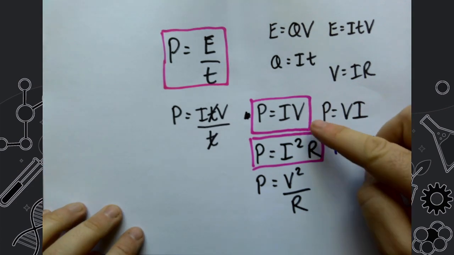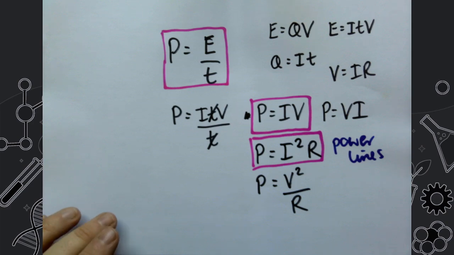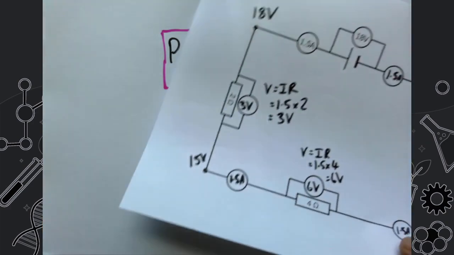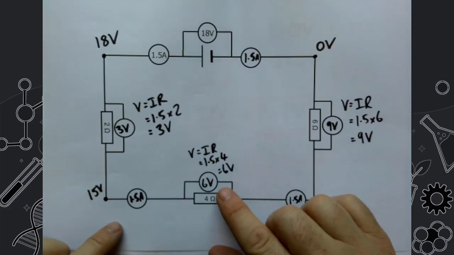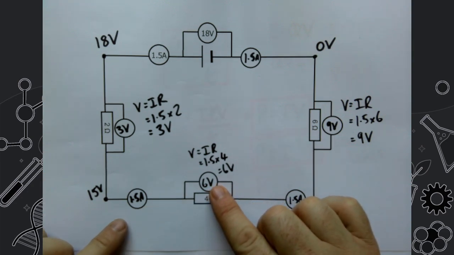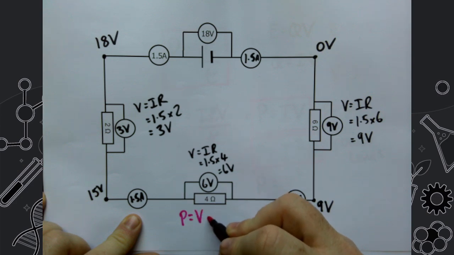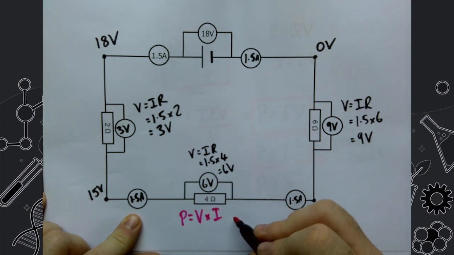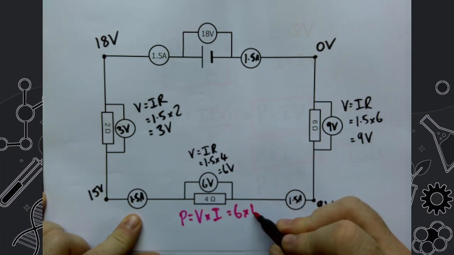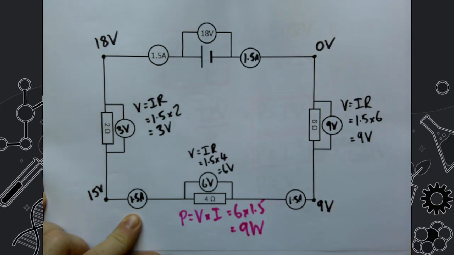But these are the circuit specific ones. Let's just use one as a quick example. If I know the current is 1.5 amps and the voltage is 6 volts, then I know that the power is going to be V times I, which is 6 times 1.5, which is 9 watts.